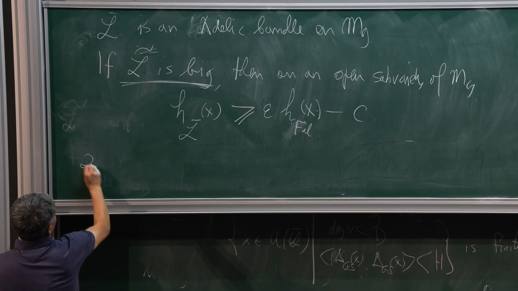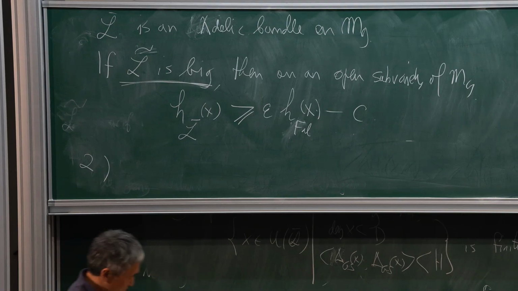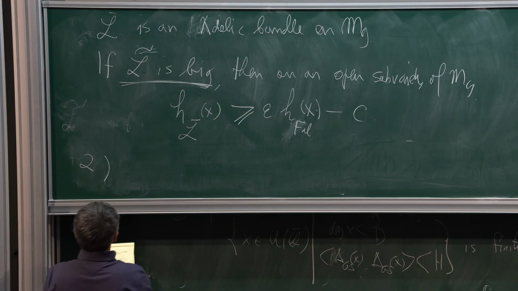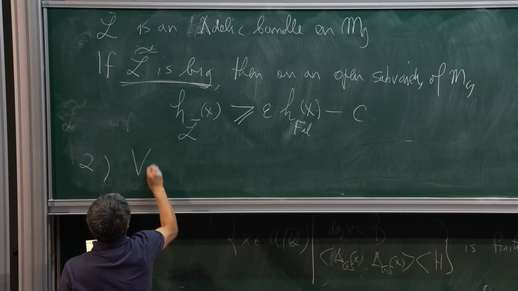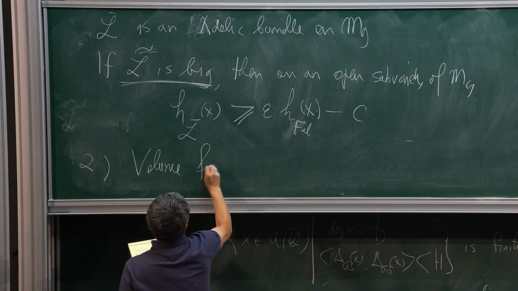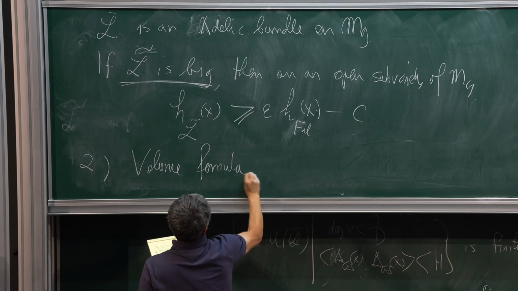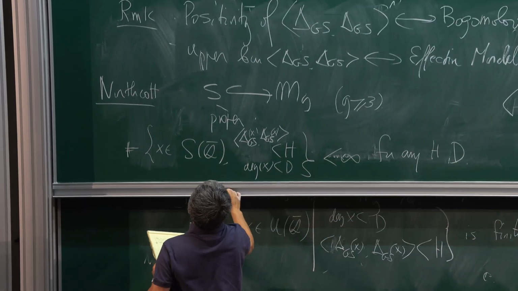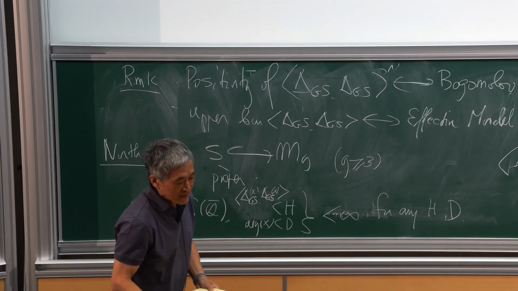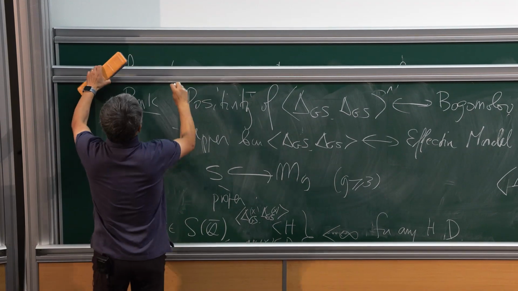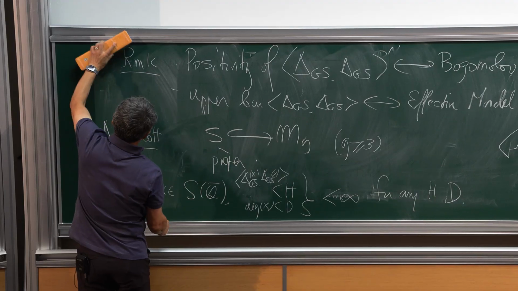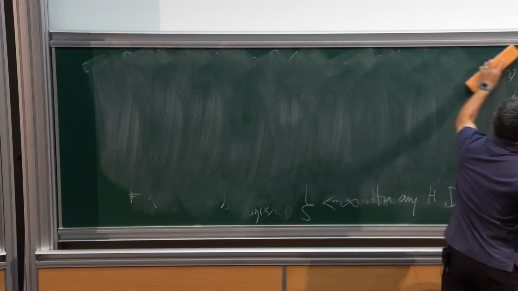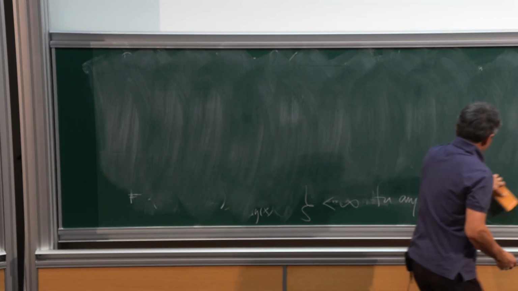The second ingredient is quite important. It's a volume formula. Bigness means that something is big. For a projective variety, bigness means that your line bundle has a lot of sections.